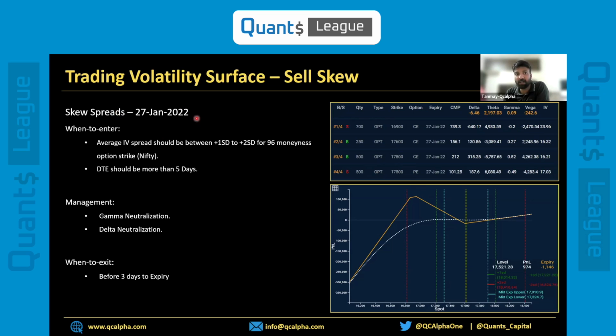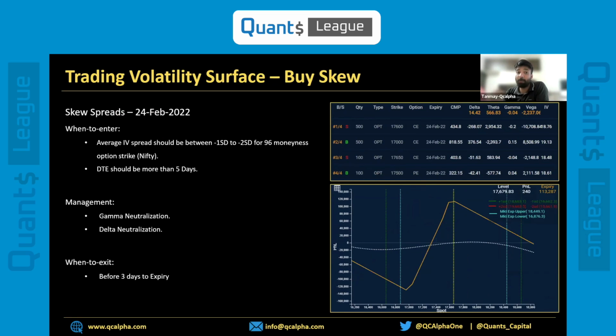So this was a trade done for the 27 Jan expiry, where I felt that the slope is steeper and it should be sold into. On the contrary, for the monthly expiry, as we saw, the slope was just 1.04. That is way below the historical backtest we did, or the data analysis we did. From that, we understood that it should be bought into.